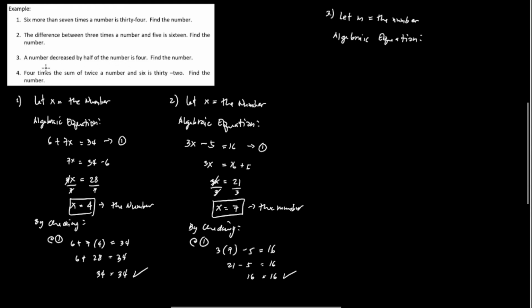A number is letter m, which is decreased, negative sign, by half of the number, which is 1/2 of m, and it is equal to 4.